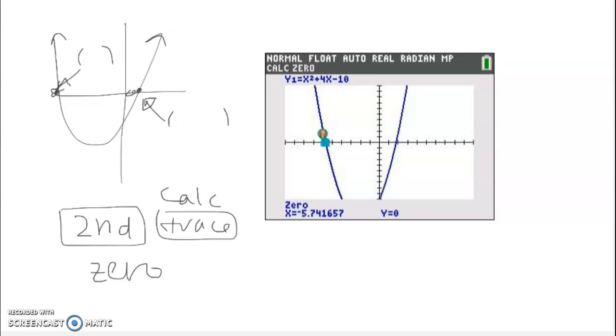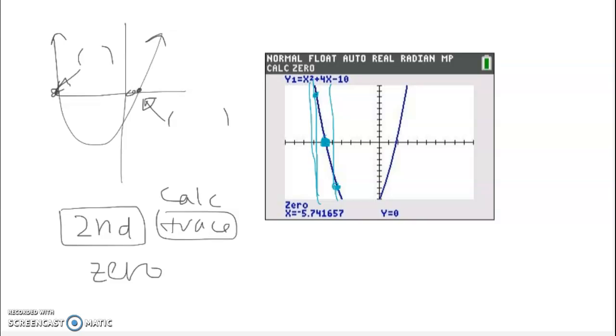The first thing my calculator is going to ask me for is left bound, so you'll have to move the blinky cursor over here to where it's to the left of that x-intercept. Then it's going to ask you for right bound, so you're going to want to move it over here where it's to the right of that x-intercept. That essentially creates a boundary that you are looking between for your x-intercept.